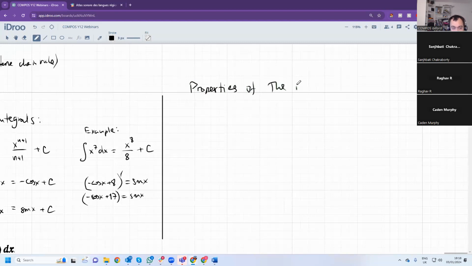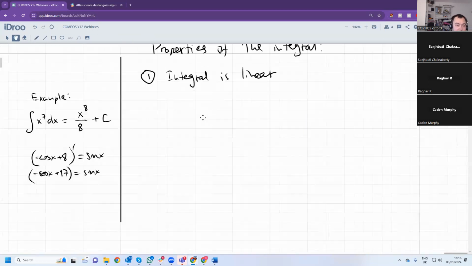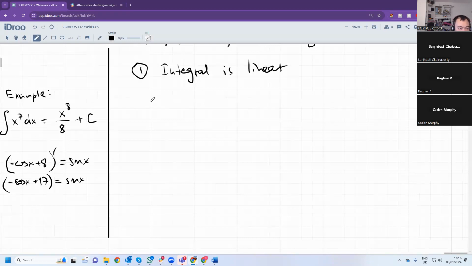First, the integral is linear. What does that mean? Well, that means that the integral of f plus g is equal to the integral of f plus the integral of g. Of course, it could be minus.